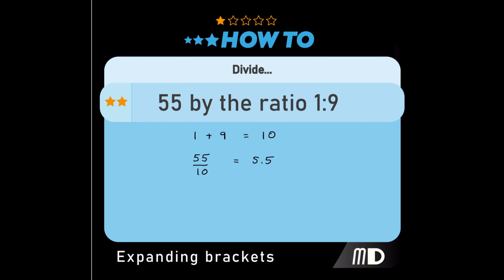Finally, to finish answering this question, we need to multiply 5.5 by each of the digits in the ratio. 5.5 multiplied by 1 is equal to 5.5.